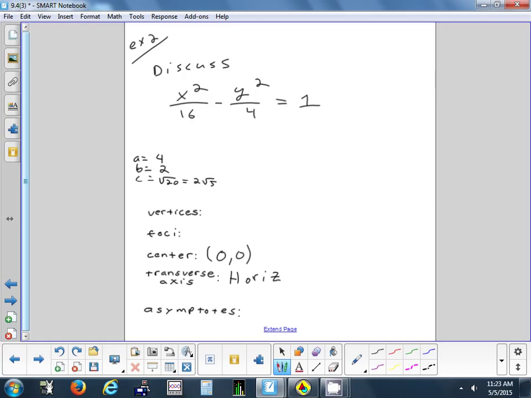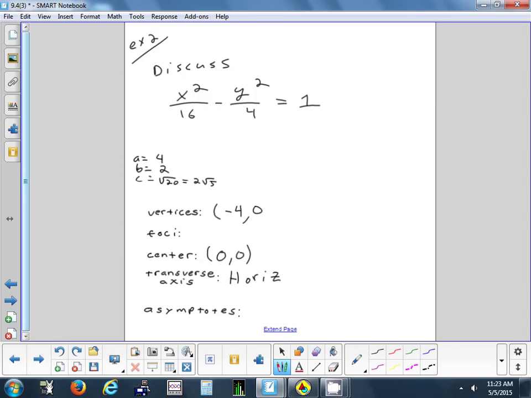Okay, Augustine, what letter is going to help me to find my vertices? C? Nope, C is going to be the foci. Oh, yeah. A. Okay, so we're going to go 4 units left and right of the center. Kobe, what would be 4 units left of the center?